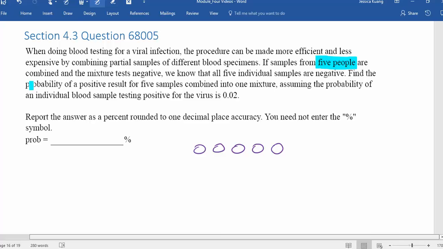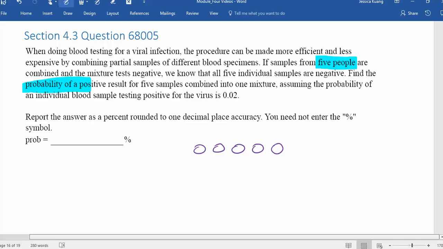Now we want to find the probability of a positive result for 5 samples combined into one mixture. Assuming the probability of an individual blood sample testing positive for the virus is 0.02.